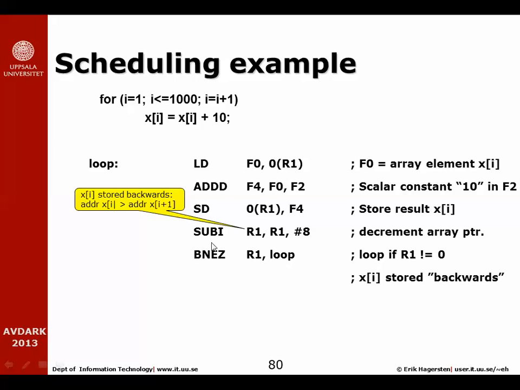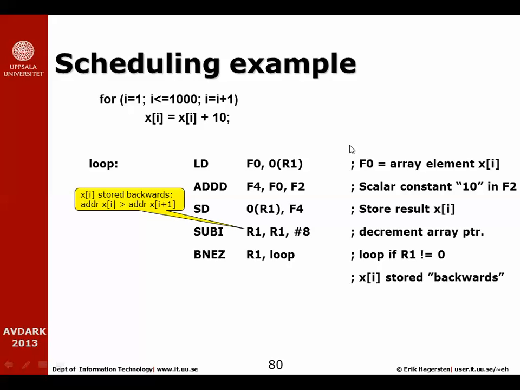Then we have to decrement this pointer pointing into the vector elements, and as already said, it's stored backwards. So we decrement by the size of a double. And then we see if R1 is equal to 0. If it's not equal to 0, then we're going to jump up to loop and do this all over again.